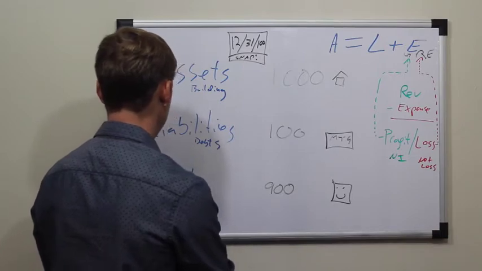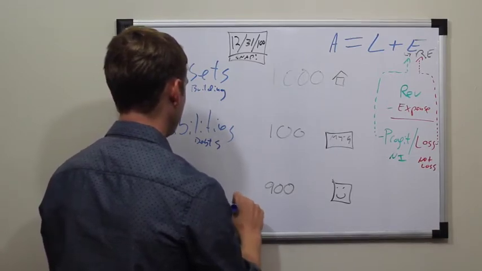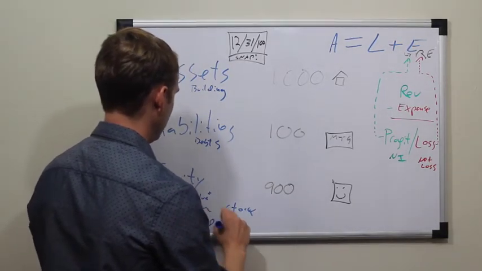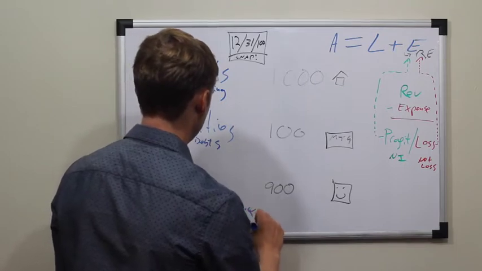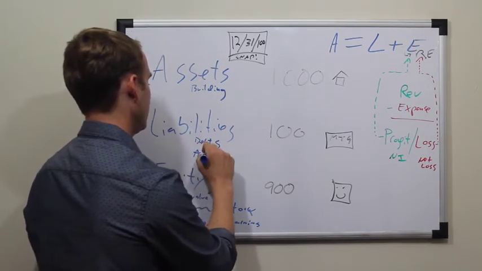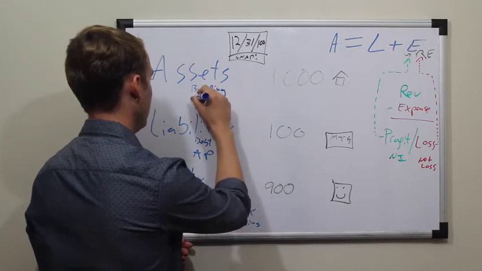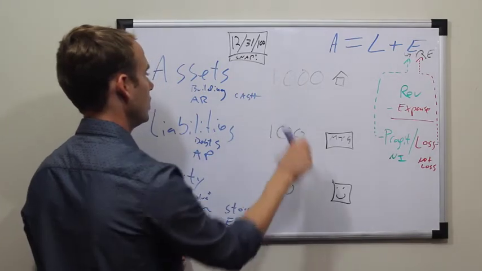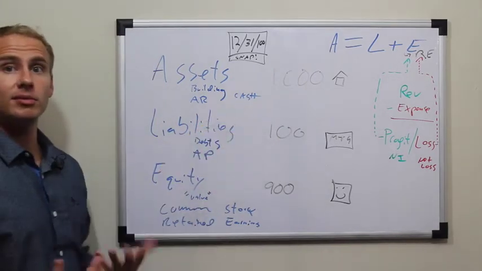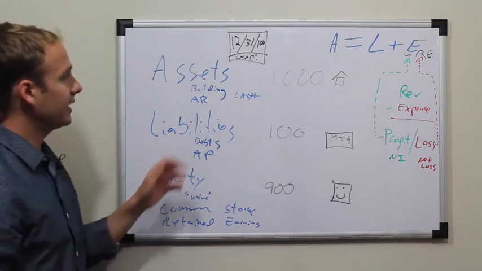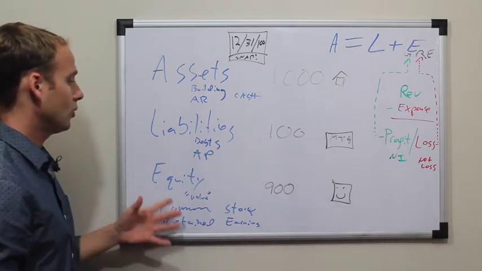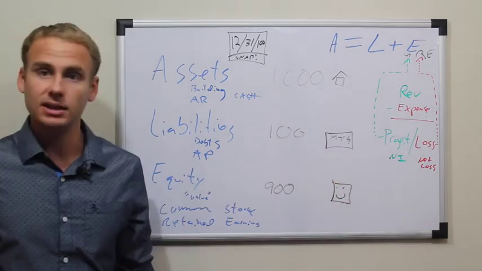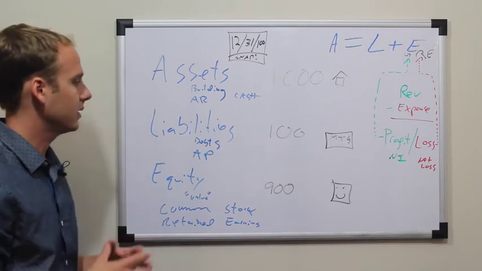But this will also include common stock, retained earnings, liabilities, accounts payable, AR, and always cash. You will see at that point in time how much cash the business has, what kind of debts the business has, and what else is going on in the form of investments, retained earnings, income statement activity, a little bit more of a complex analysis.